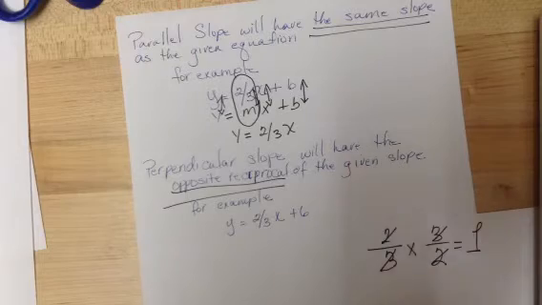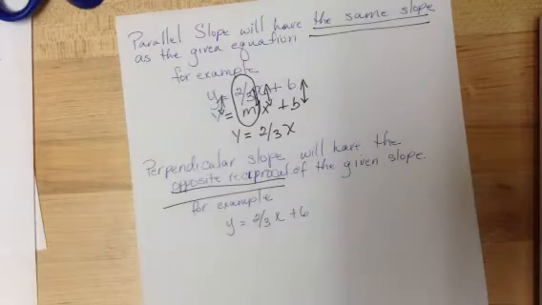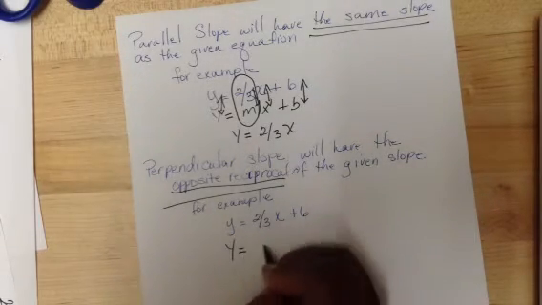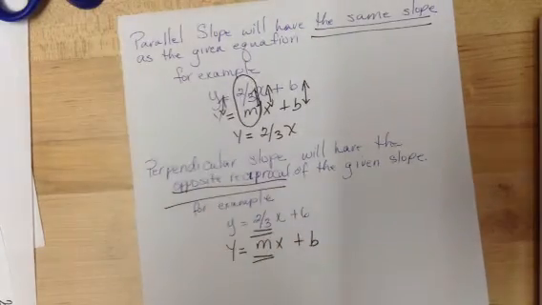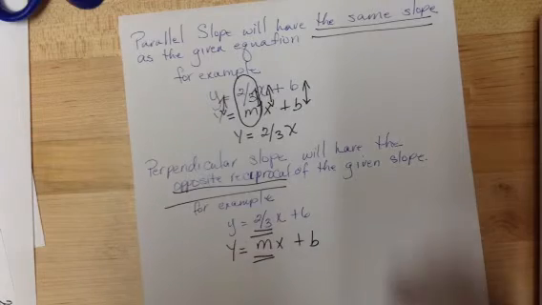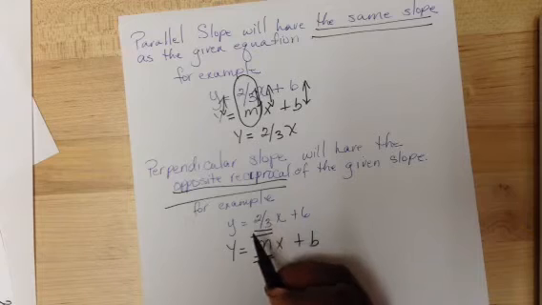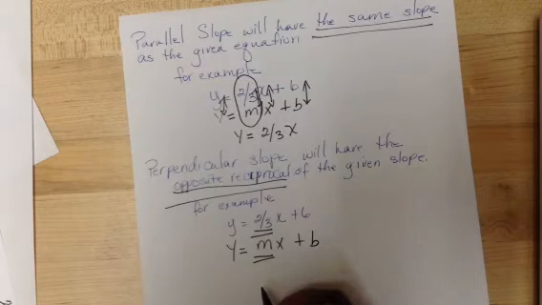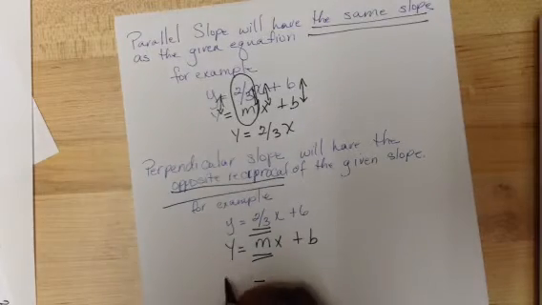So if I have y is equal to 2/3 x plus 6, keeping in mind y is equal to mx plus b, this is my current slope. I'm looking for the opposite. Right now, this slope is positive. So the opposite of a positive is going to give me a negative.